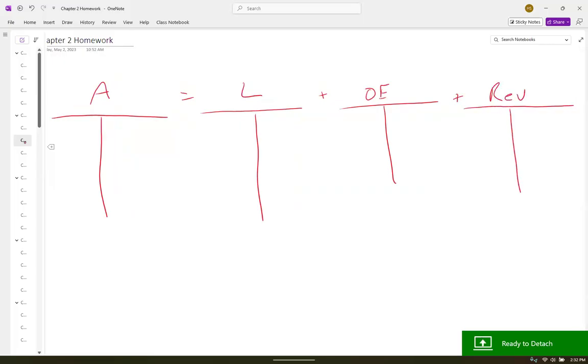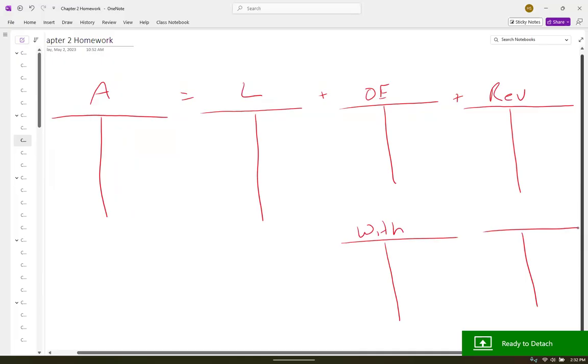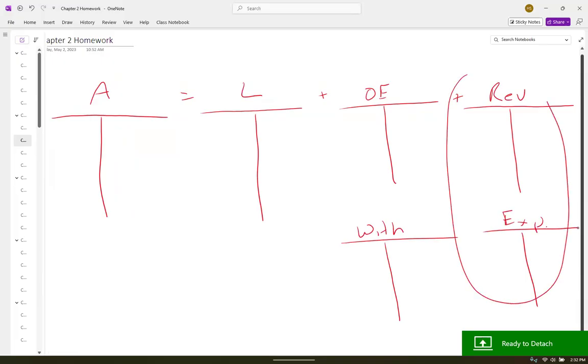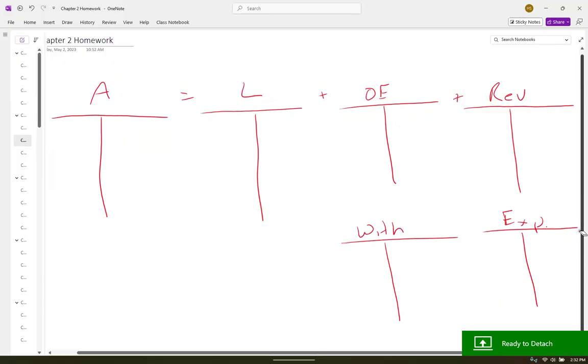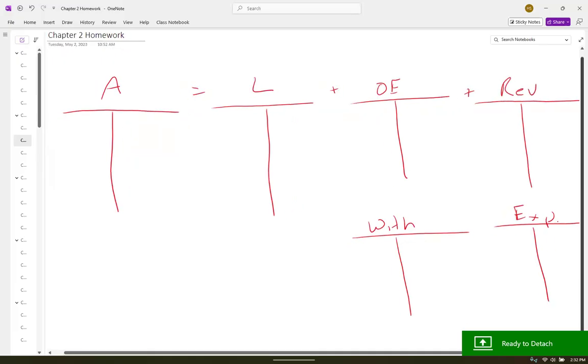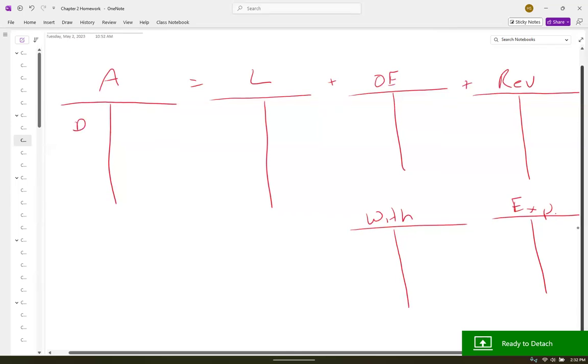I always put withdrawals underneath owner's equity, and I put expenses underneath revenues. Remember, revenues and expenses have their own statements. They are underneath that umbrella of owner's equity, but they have their own statement. So debits on the left, credits on the right. Every single one of these, that will not ever change.